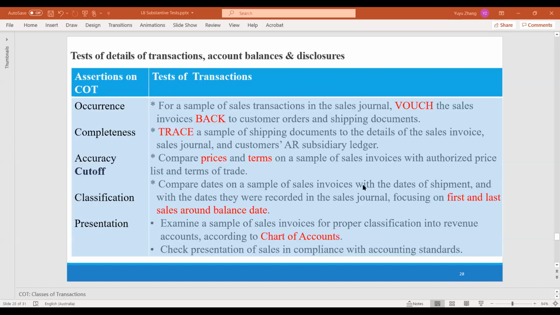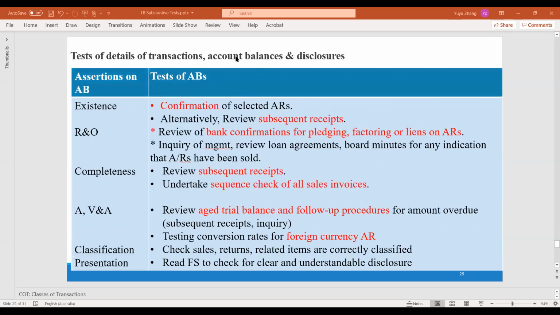Okay, so here we just list some examples of the tests of details for transactions on this page and balances on this page. So please have a look at those examples to ensure that for each of the assertions you know at least one example of a substantive test.